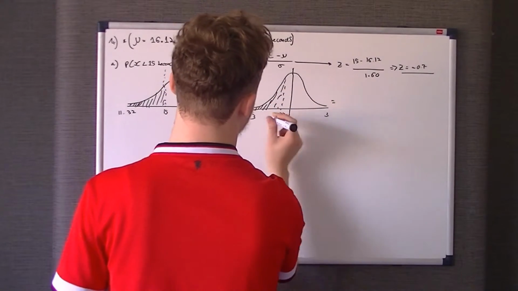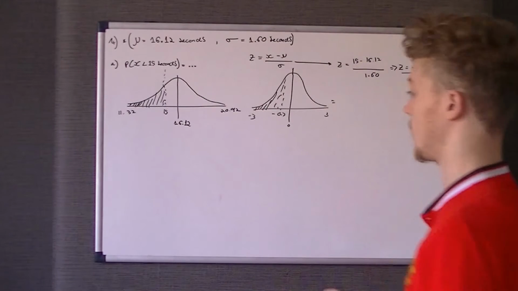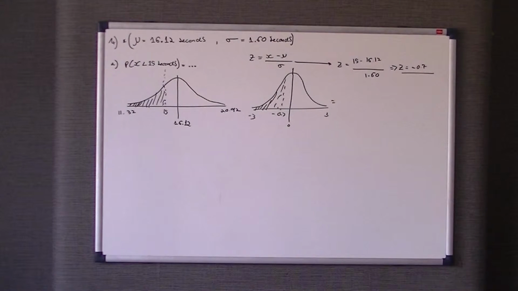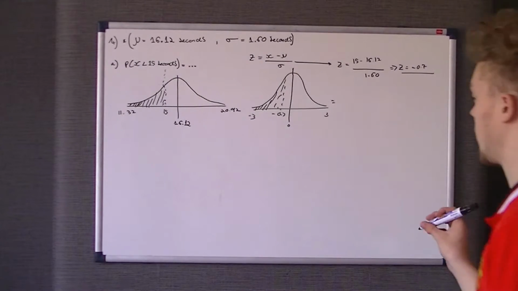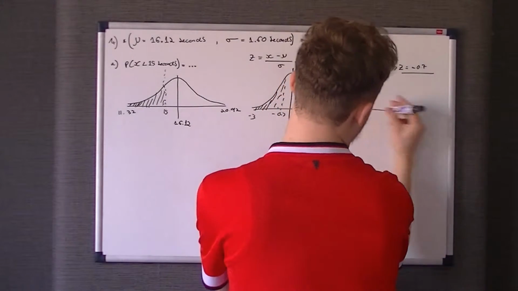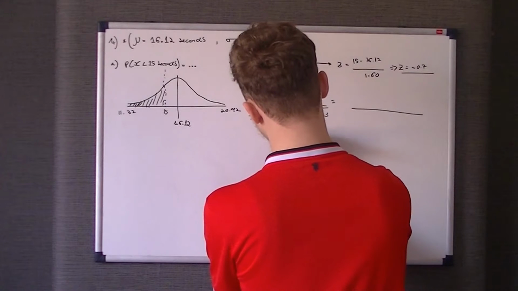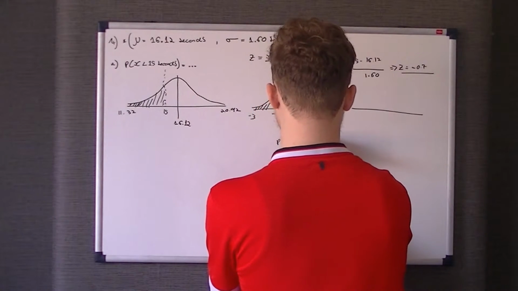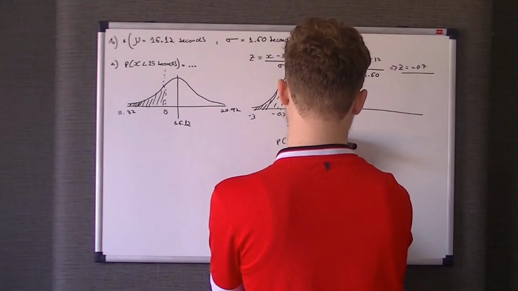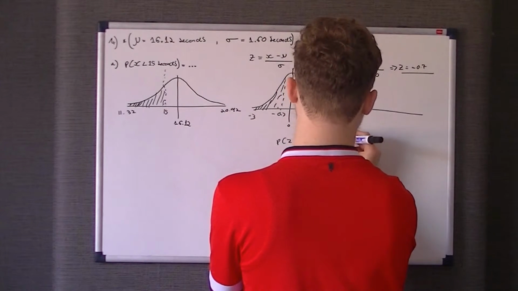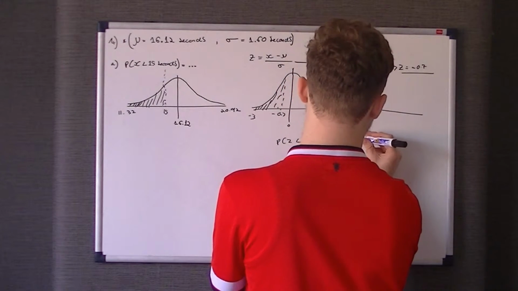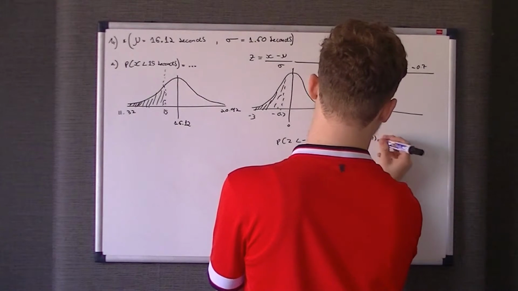But because we don't have a table for negative 0.7, and the probability is obviously going to be less than 0.5, what we can do is draw it on the other side. So basically the probability that z is less than negative 0.7 is the same as the probability that z is greater than positive 0.7.